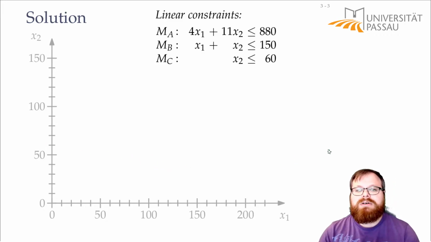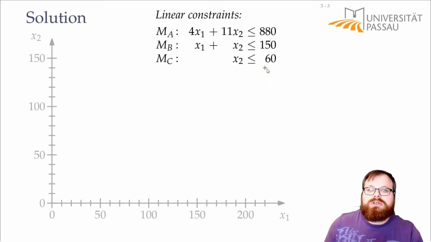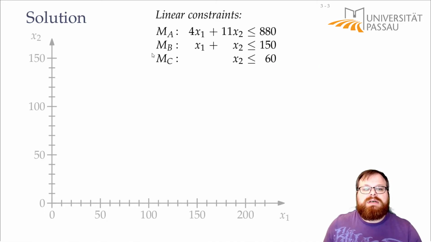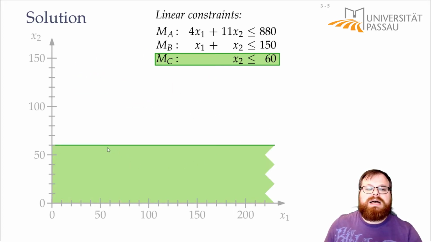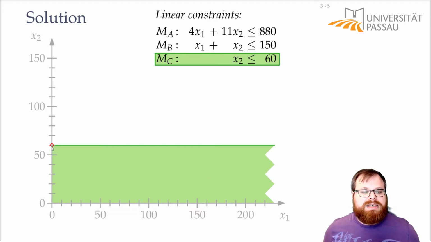And I want to find out which points are valid, so what can we do? This is what the constraints tell us. The constraint C tells us at most 60 mice. So we cannot reach any of these points here. The only valid points are inside this half plane, everything that lies at x2 equals 60 or below.